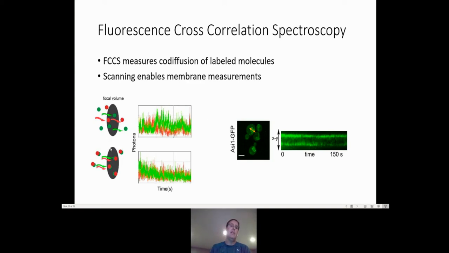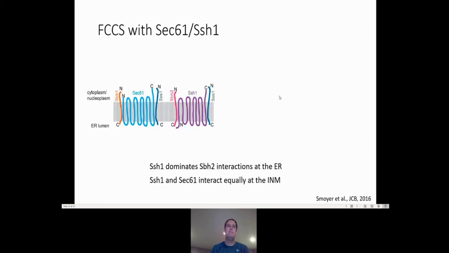But if you have molecules moving together, you're going to see that these signals are highly correlated, and that allows you to measure the extent of interaction of these proteins. On the membrane, we have to do a little trick: we scan repeatedly as a function of time, and that allows us to track the membrane. Here are those scans in kymograph form. We can track the membrane while we watch molecules diffuse and fluctuate on that membrane.